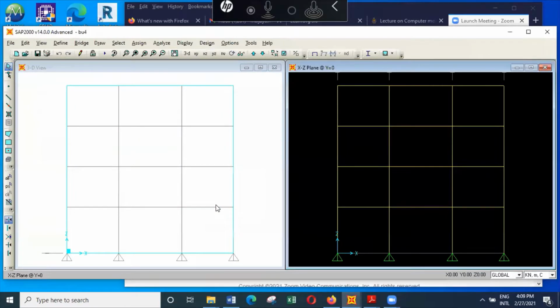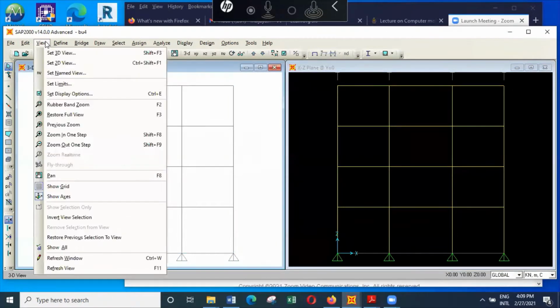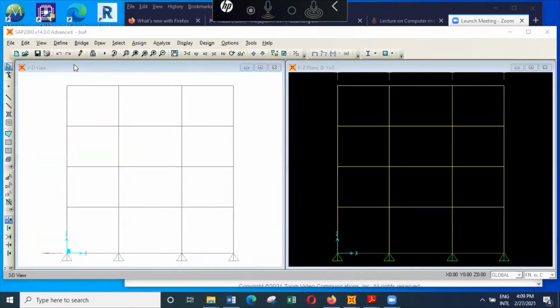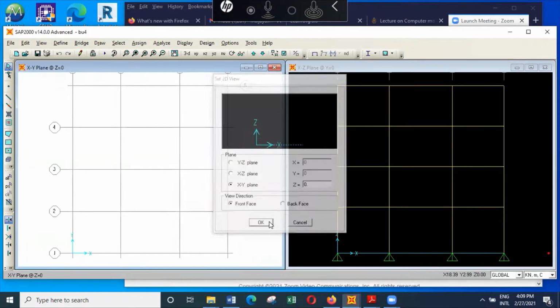So we have something identical, and then I will draw this foundation, and before drawing the foundation I will convert or get rid of all these supports.